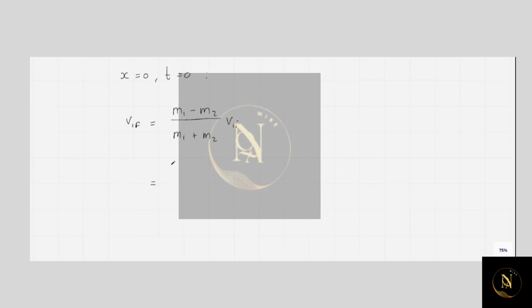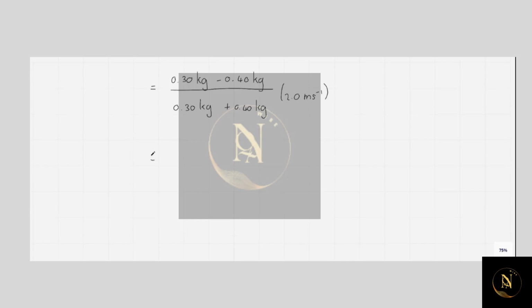These values are known, so this is (0.3 kg minus 0.4 kg) over (0.3 kg plus 0.4 kg) multiplied by the initial velocity of particle 1, which is 2 meters per second. Calculating, we get the final velocity of particle 1 to be minus 0.29 meters per second.